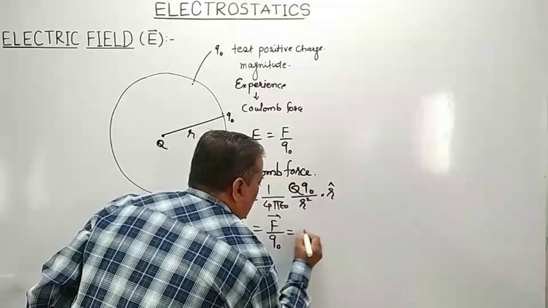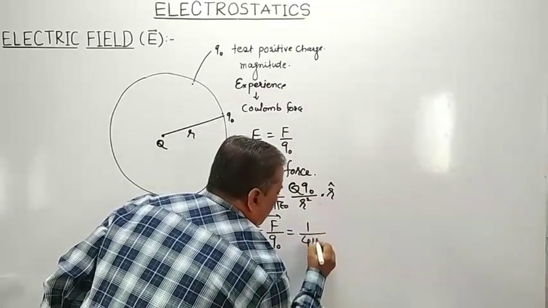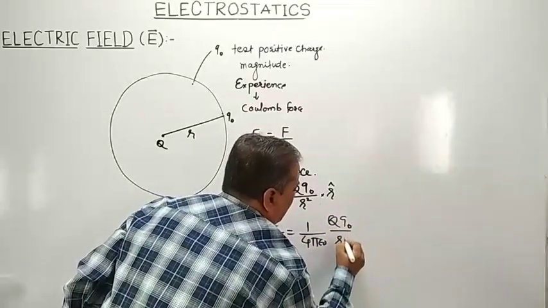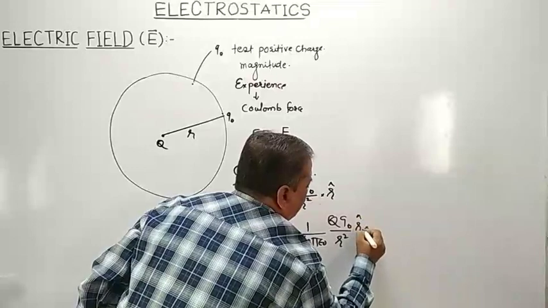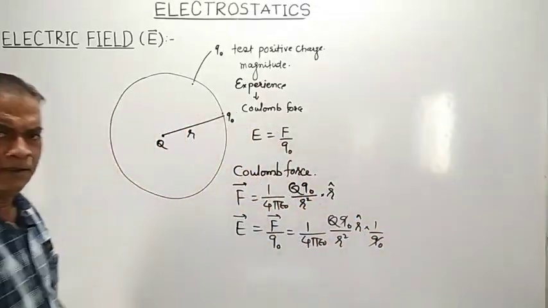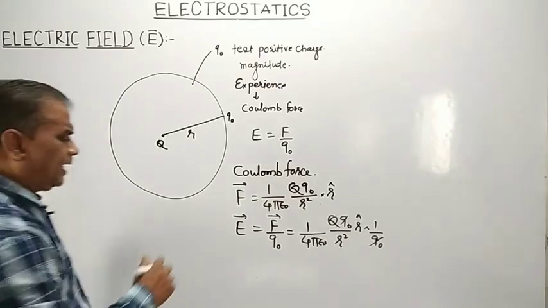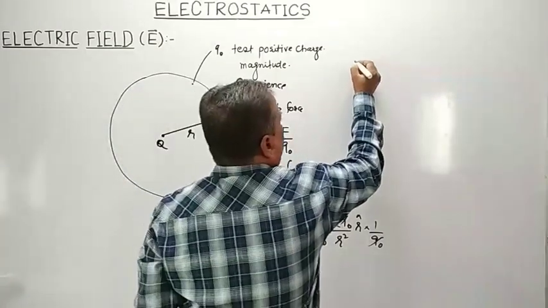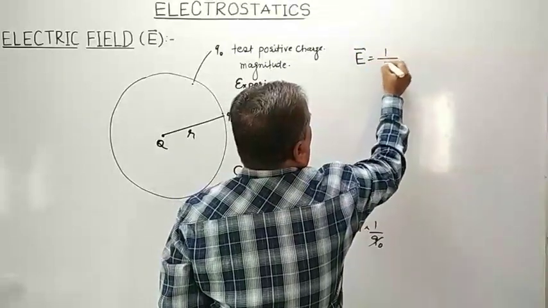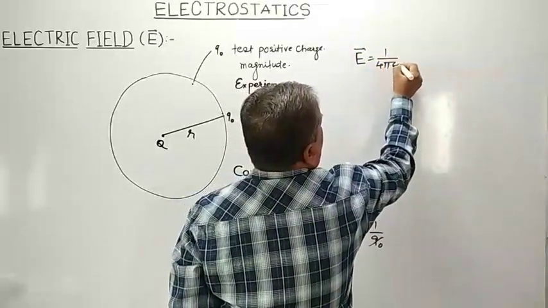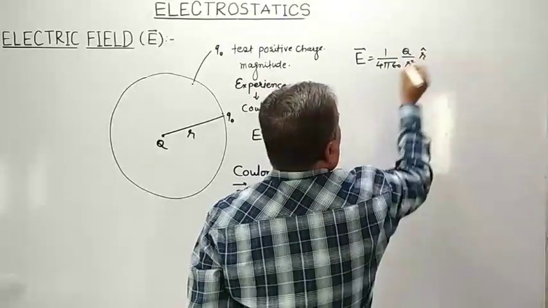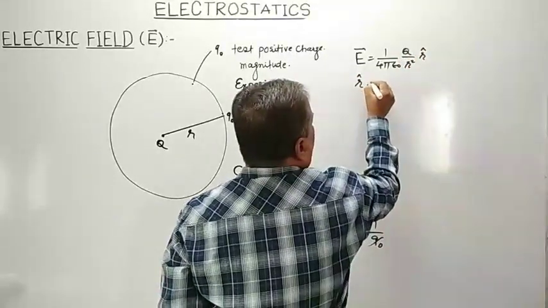That is equal to 1 upon 4 pi epsilon 0 Q Q0 divided by r square into r cap into 1 upon Q0. So this Q0 gets cancelled, and the electric intensity E is equal to 1 upon 4 pi epsilon 0 Q divided by r square into r cap.